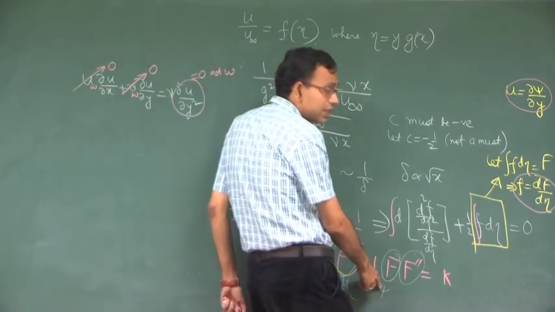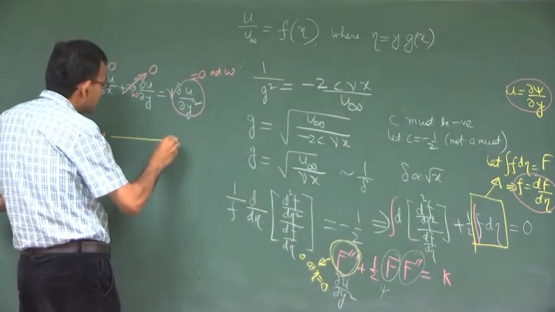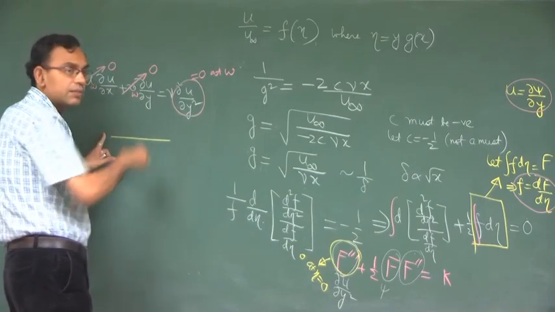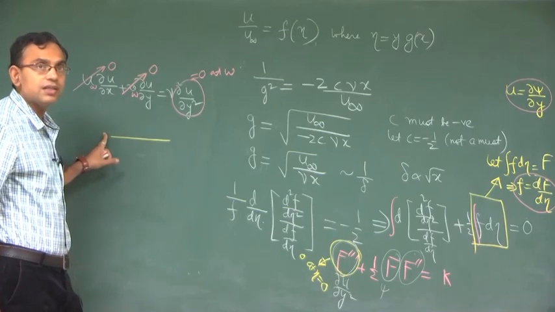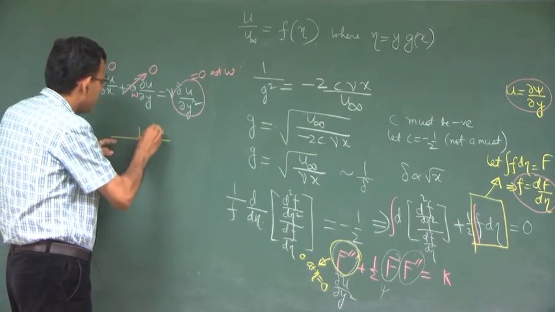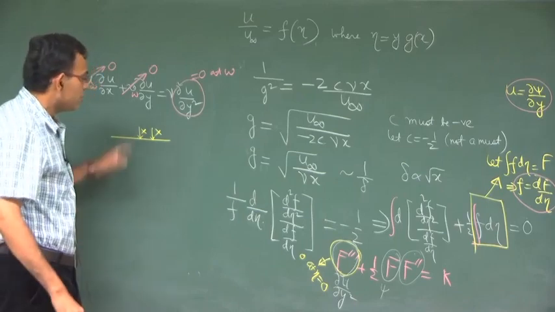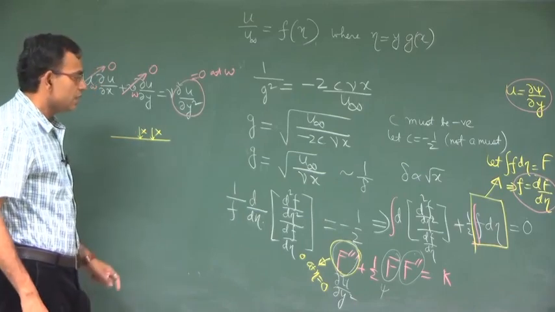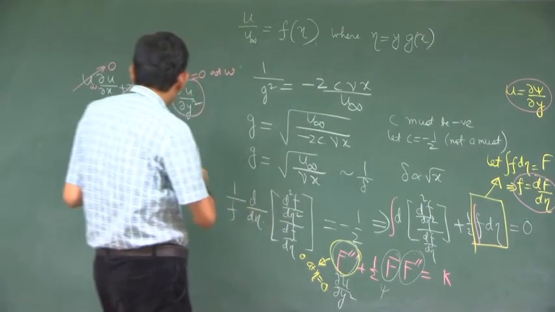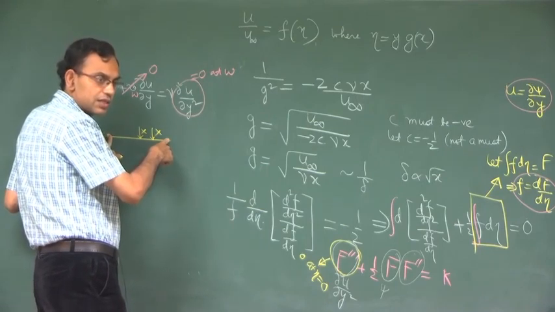The stream function, what is its value at the wall? Remember that the wall is itself a streamline, because by definition there cannot be any flow across the streamline, until and unless there are holes in the wall. So, the wall itself represents a psi equal to constant line, which is a streamline.